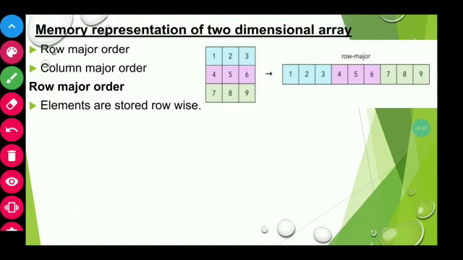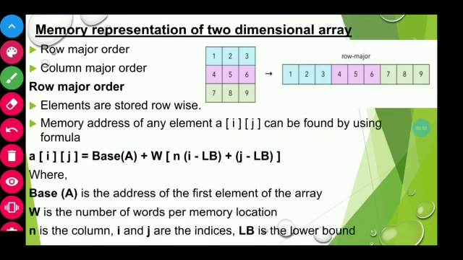The memory address of any element A of ij in a 2D array can be found by using the following formula, that is A of ij is equal to base address plus W of n into (I minus LB) plus (j minus LB), where base is the address of the first element of the array, W is the number of words per memory location.